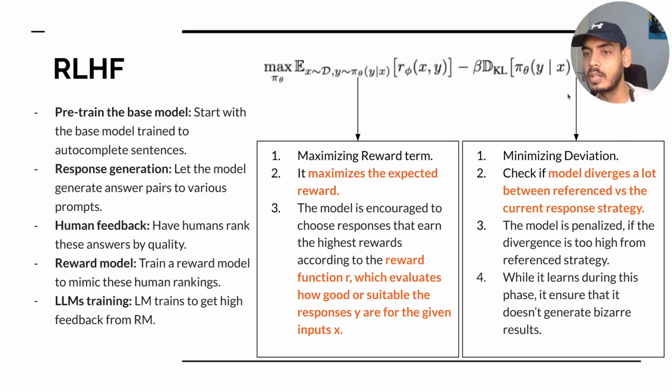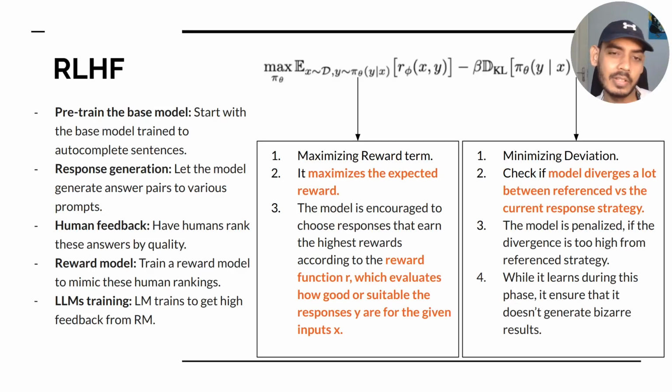The next part of the equation is minimizing the deviation. There are human or reference responses, and there are responses generated by the LLM. The difference between these two should be very small, and if it diverges a lot, you have to penalize the model. That's what is mentioned in the third point: the model is penalized if the divergence is too high from the reference strategy.